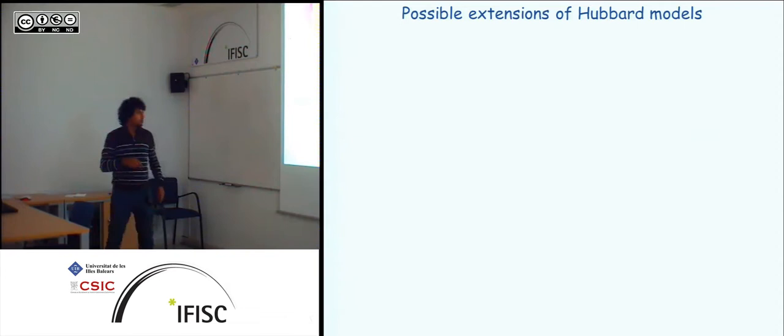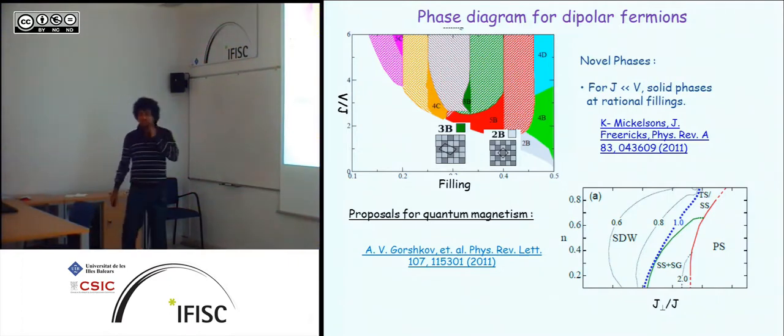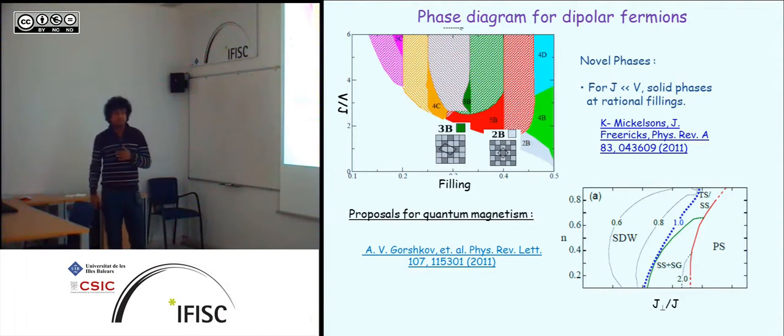Okay, so this more or less is what I wanted to say about the extended Hubbard model. The point of these slides is that these are the usual models people use when they try to describe these systems. The problem is that dipolar fermions and dipolar bosons as molecules are not yet available in experiments.